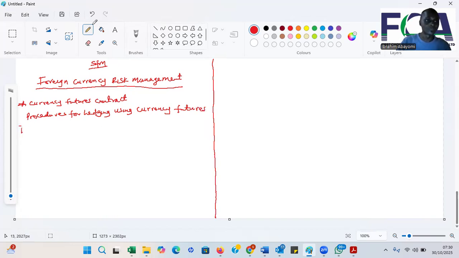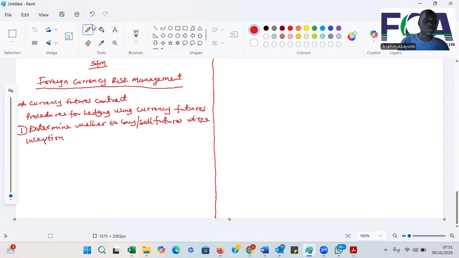Number 1, which we gave in series 2 of our discussion, is to determine whether to buy or sell futures at the inception.